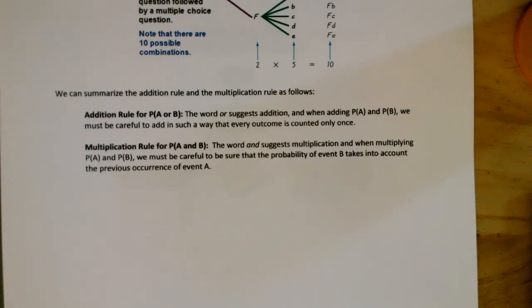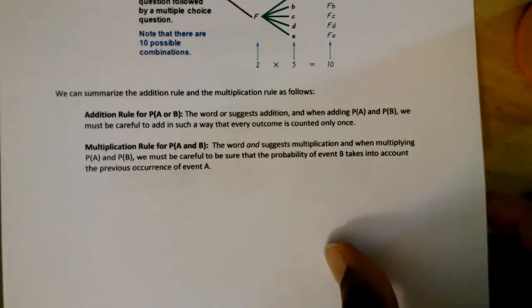And then the multiplication rule, where you have the probability of event A and B: the word and suggests multiplication. And when multiplying the probability of A and the probability of B, we must be careful to be sure that the probability of event B takes into account the previous occurrence of event A.